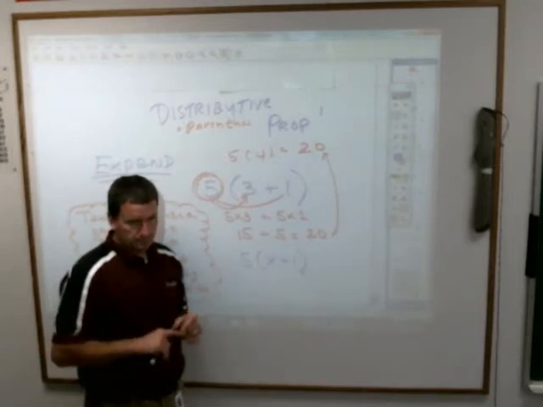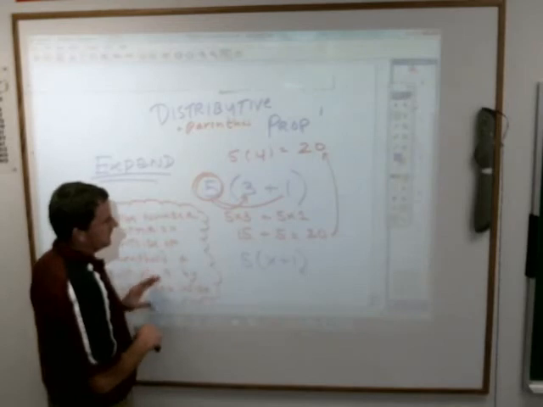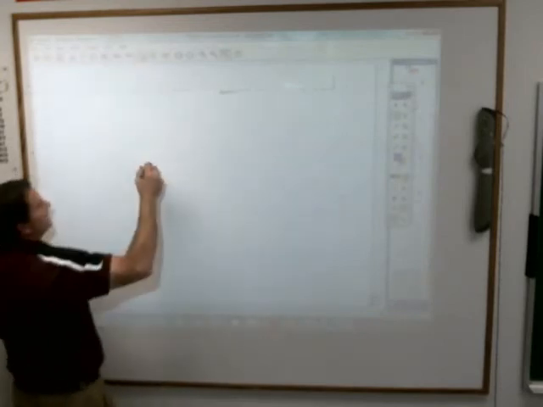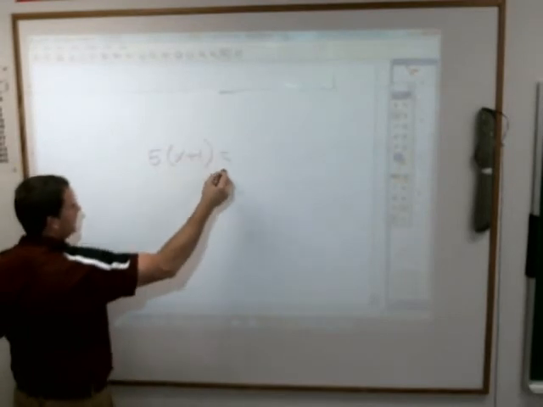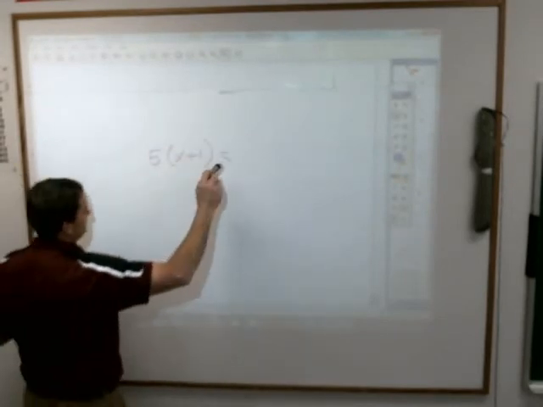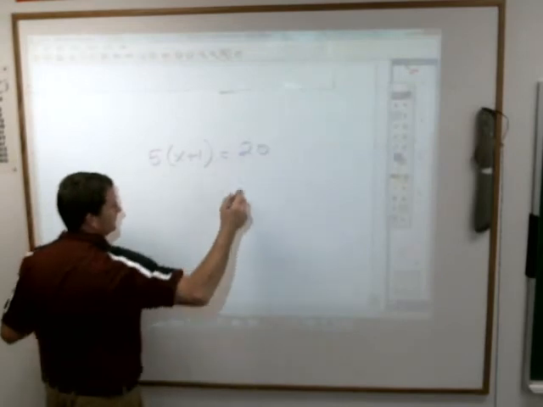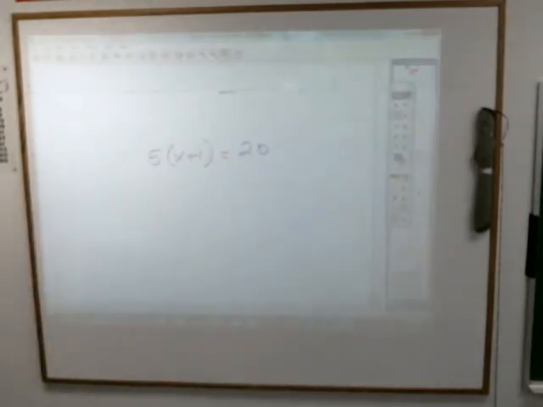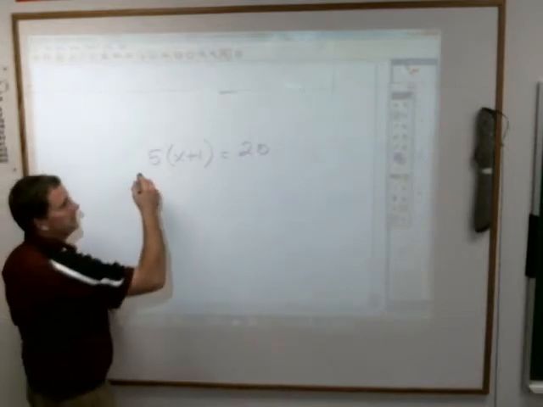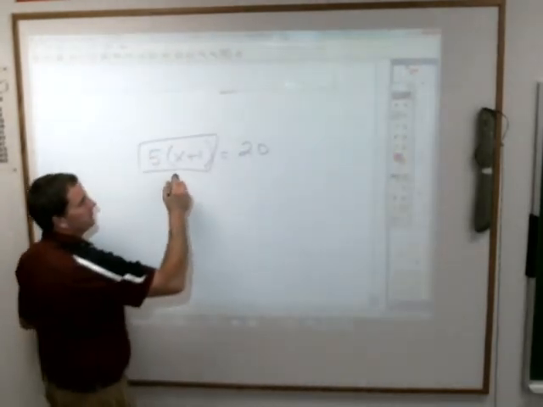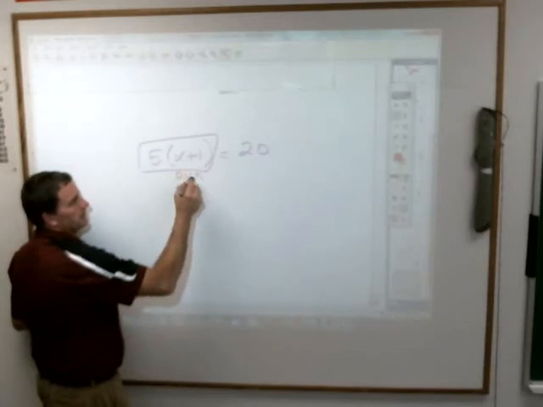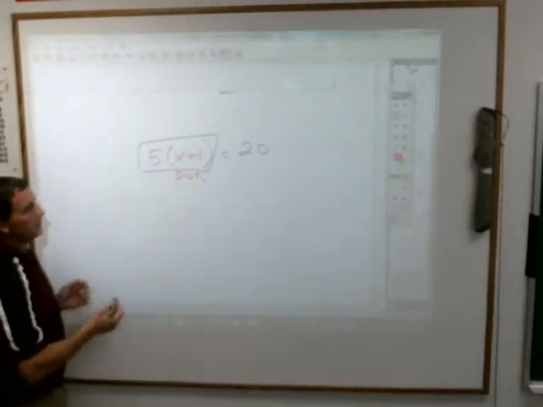Here's an example. 5 times x plus 1 equals 20. What you might want to do in that case to figure out your answer is get rid of this parenthesis by using the distributive property.